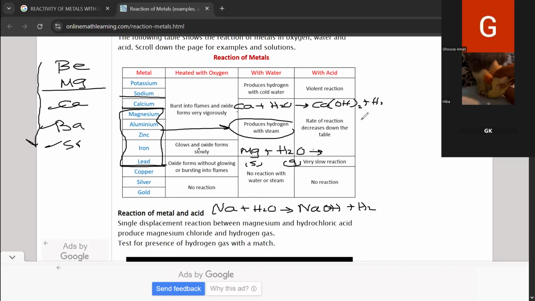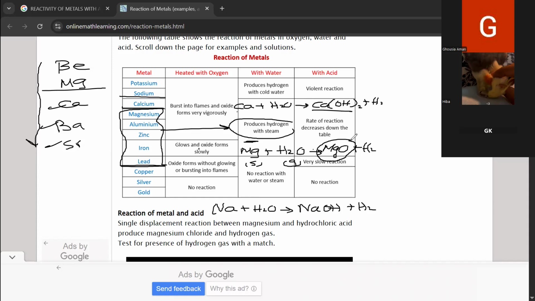In that case, it is not going to form an alkaline solution the way calcium and group 1 elements do. Rather, it will form solid magnesium oxide plus hydrogen gas. Just the color of magnesium will change. Magnesium is gray in color; when you pass steam over it, it turns white. What does it mean? Magnesium oxide is formed.